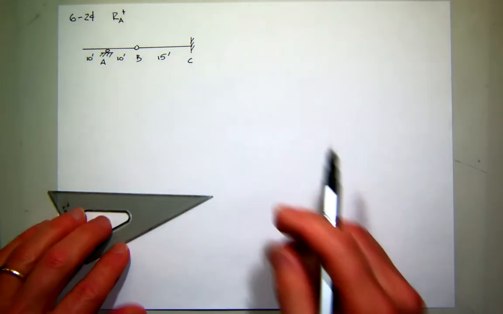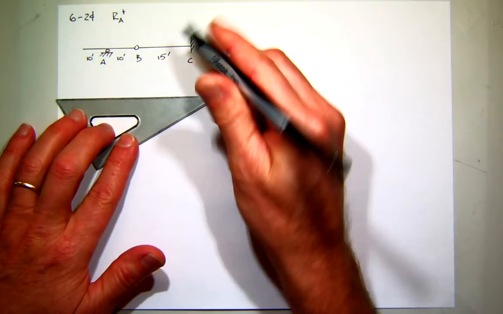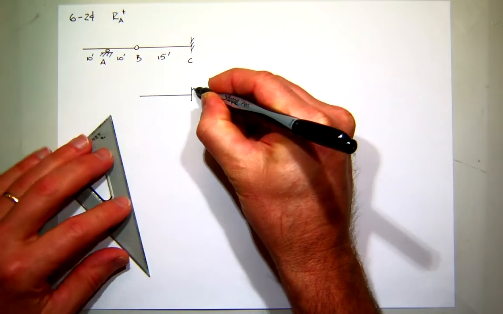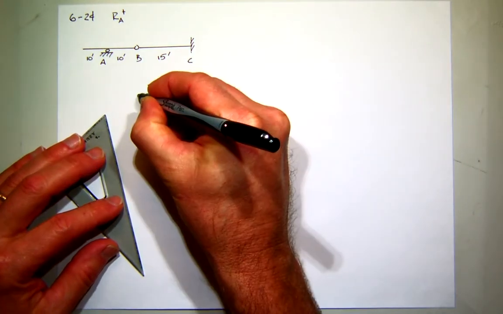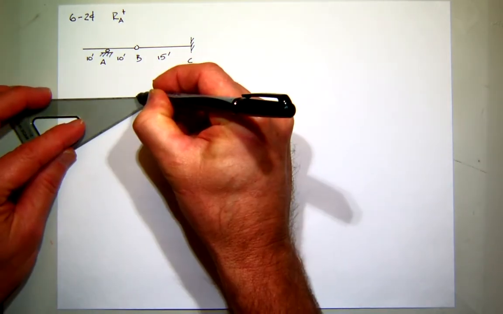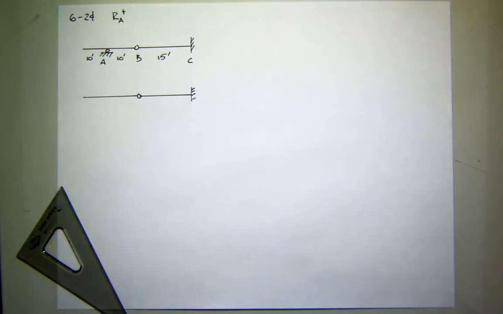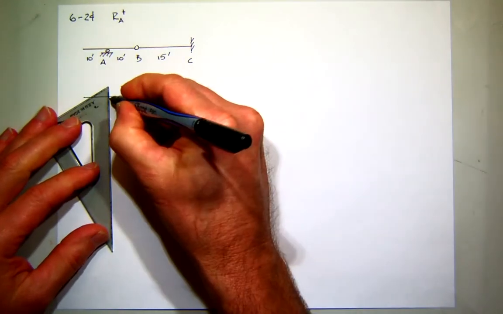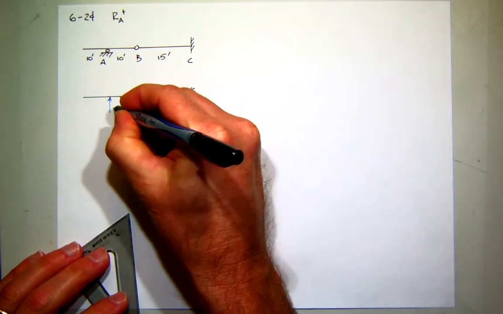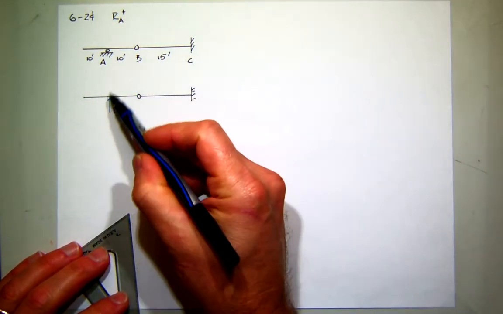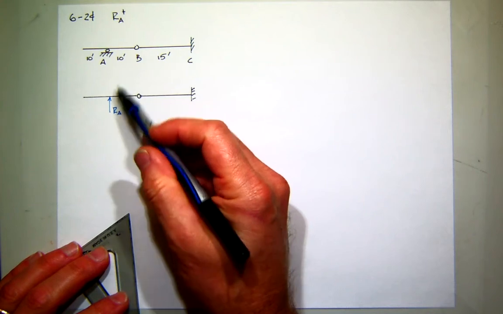So I'm going to imagine my structure. It's fixed at C, hinge at B, and I'm going to replace A with the reaction and see what Mueller-Breslau will tell me the shape of the influence line looks like. So with this kind of a configuration, which way will this structure move, up or down?